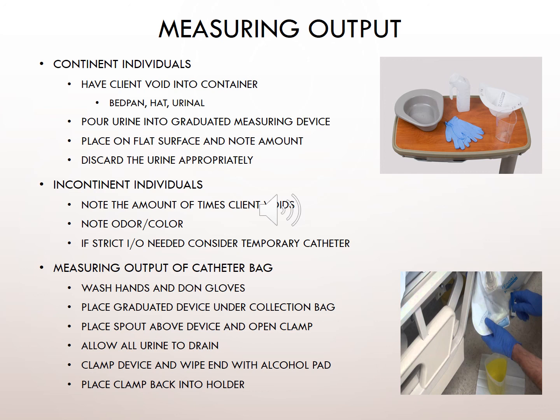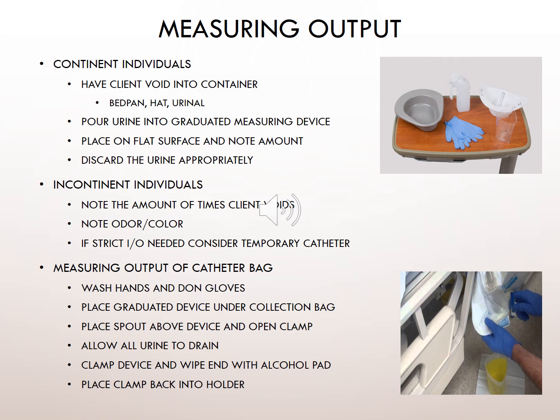If we are pouring urine into a graduated measuring device, we want to make sure we're placing it on a flat surface so we get an accurate reading. And then we want to discard the urine appropriately in a toilet.